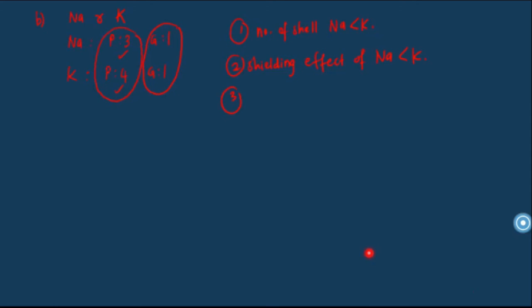The nucleus attraction towards the outermost electron in sodium is stronger than potassium. So the size of atom sodium is smaller than potassium.